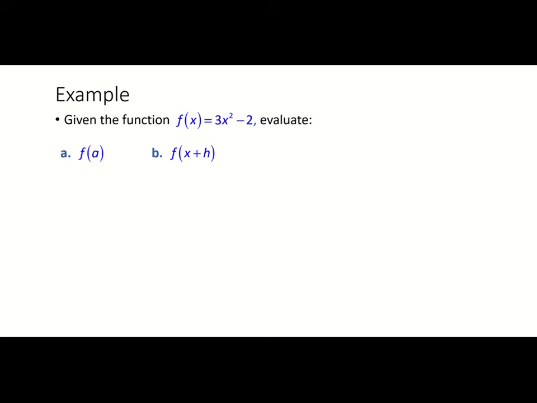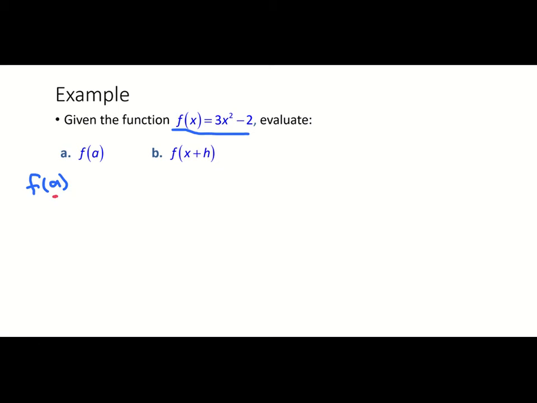Okay, so here, again, we still have some functions that they gave us, and we are going to evaluate those functions for the given values within our parentheses. So our parent function, the original one they gave us, is f of x equals 3x squared minus 2. And for a, they want us to find f of a. And again, remember, whatever is in the parentheses is what you plug into your function, where the variable is.